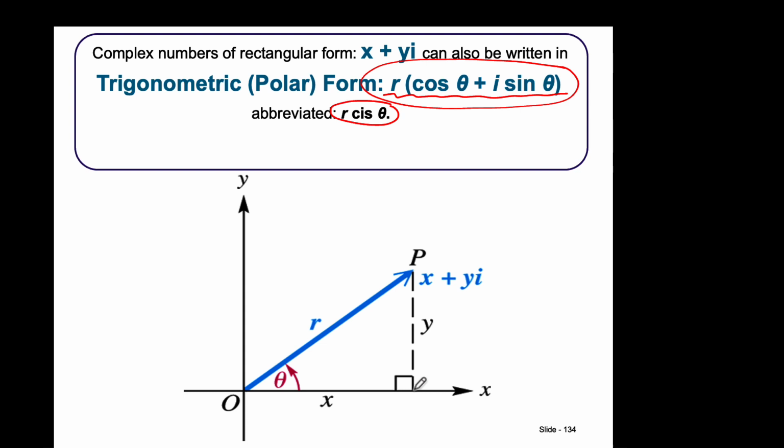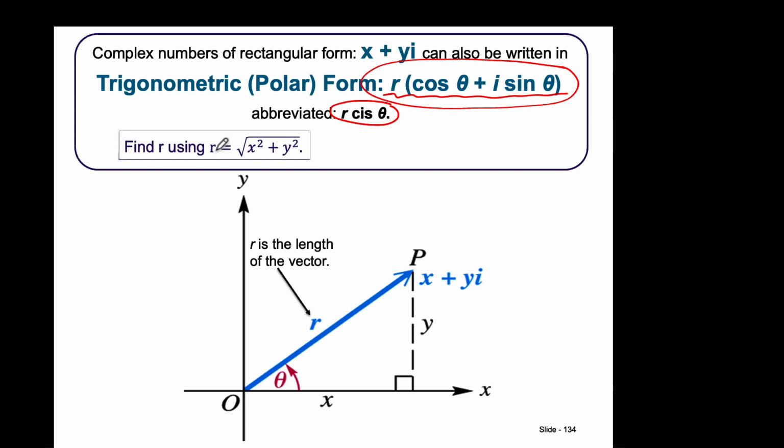I said a few slides back that we were going to find r using the Pythagorean theorem, and here it is now. r is the length of the vector. So to find r, we use the Pythagorean theorem: r squared, the hypotenuse squared, is equal to one leg squared plus the other leg squared. Isolating r, r equals the square root of x squared plus y squared. We only have to consider the positive, or principal, root because we are using it to represent the length of the vector.